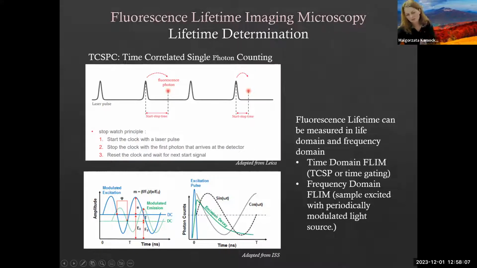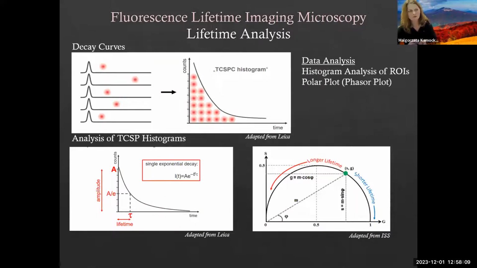So this is another type of technique which we can do. Then we can do all the analysis. We can create a histogram of photon arrivals, and based on that we can do analysis like curve fitting from which we can evaluate the lifetime.